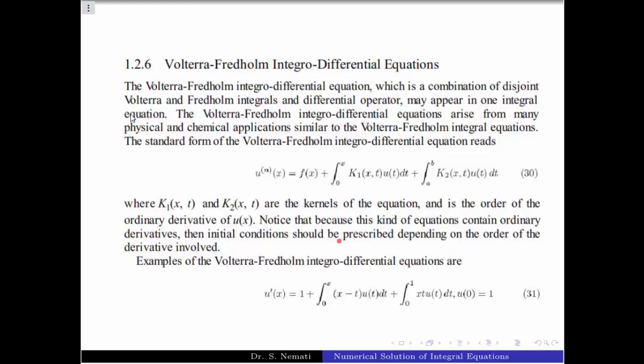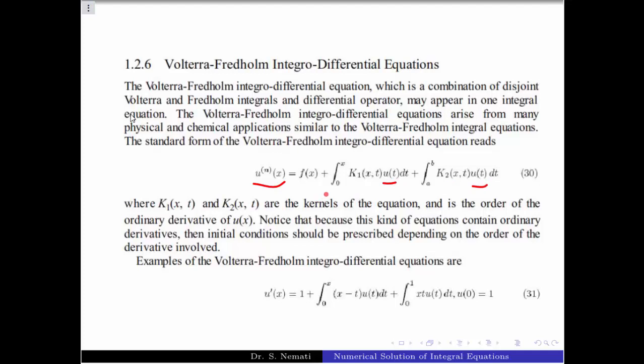Okay, the next topic is about Volterra-Fredholm integral differential equations. If you remember, integral differential equations refer to a class of integral equations in which both the derivative and the integral of the unknown function appear. For example, here you have the derivative of the unknown function u of order n, and also the integral of the unknown function.